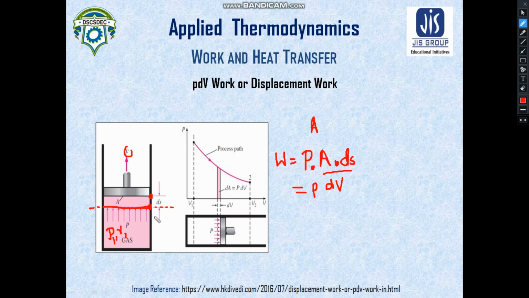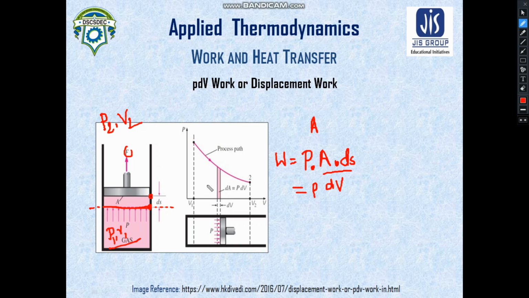Like the initial state was P1 V1, and the final state becomes P2 V2, and in between these two thermodynamic states we have taken a certain state where the pressure was P and the amount of displacement of the closed system boundary was ds. For that case only, the work done by the gas on the piston becomes PdV.